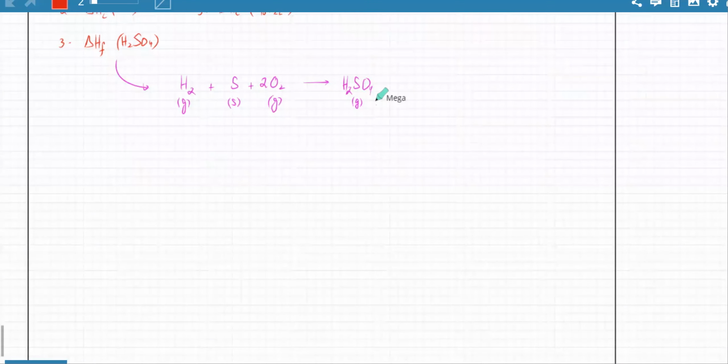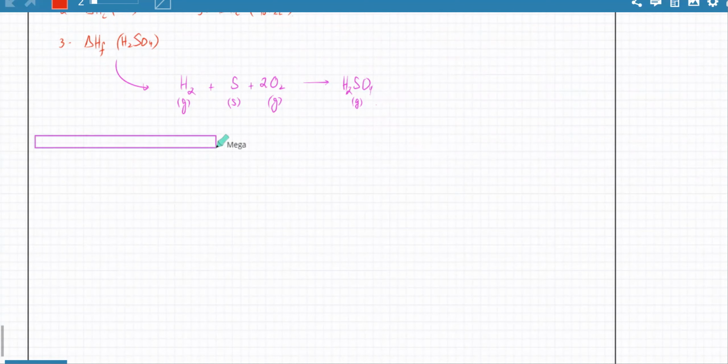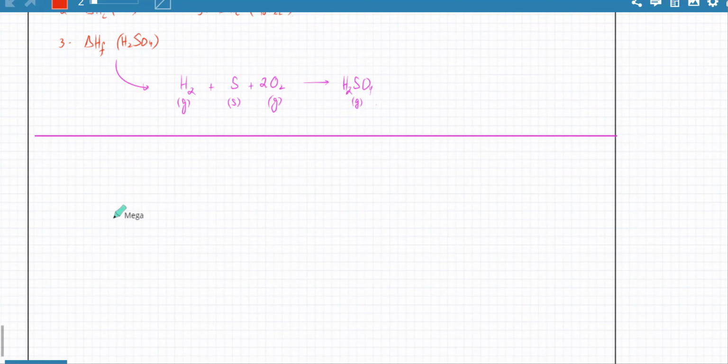Now, moving on, other definitions. So let's talk about standard enthalpy change of atomization.